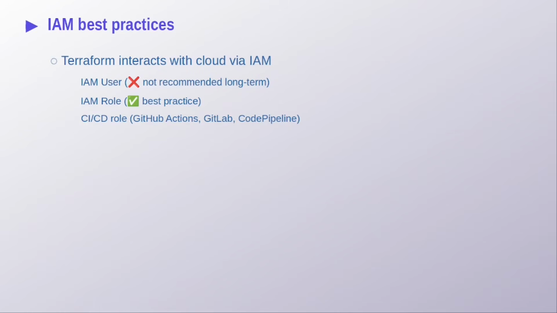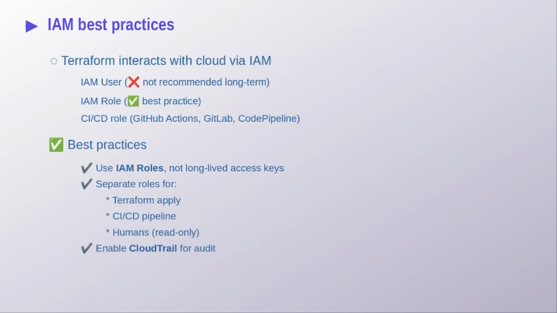Common IAM identities used with Terraform. In real projects, Terraform usually runs as an IAM user, IAM role, or CI/CD role. Best practice: when using Terraform in teams, use IAM roles, not long-lived access keys. Use separate roles for Terraform apply, the CI/CD pipeline, and humans. Enable CloudTrail, so you know who did what, when, and how.